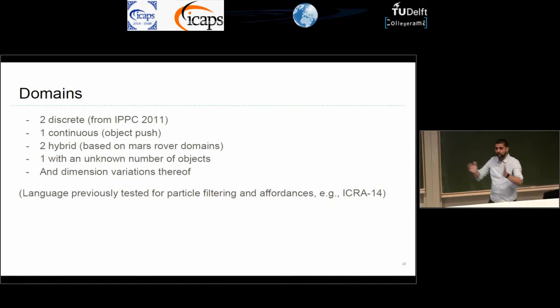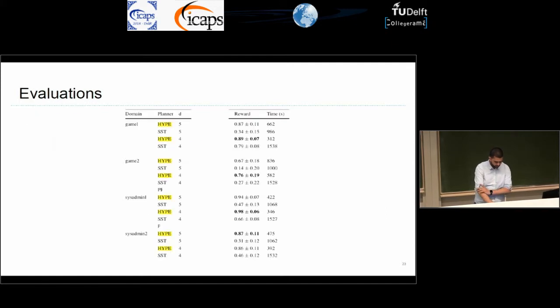And we, of course, varied the dimensions to see how scalable it is. What we observe is that in almost all the cases, to pick the very first domain, if you compare it to SST, we are getting substantially higher reward, and almost always at one third or one quarter of the time that SST takes.